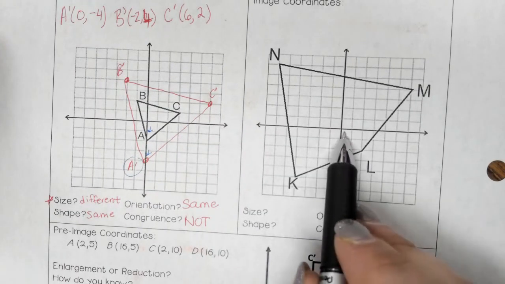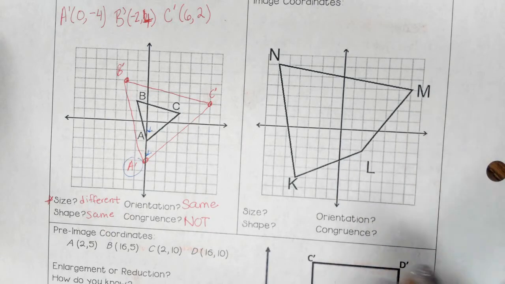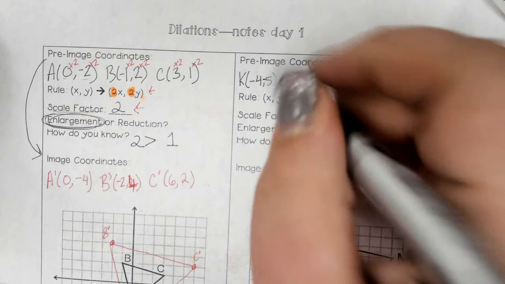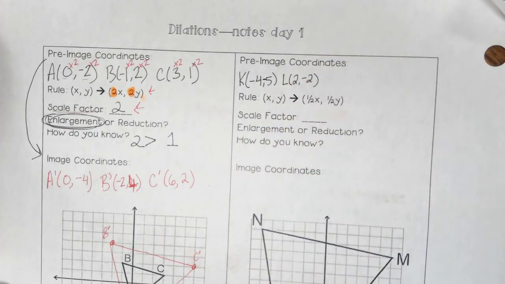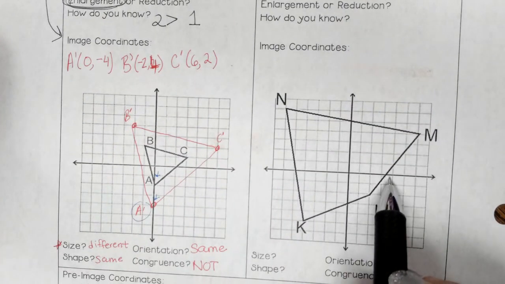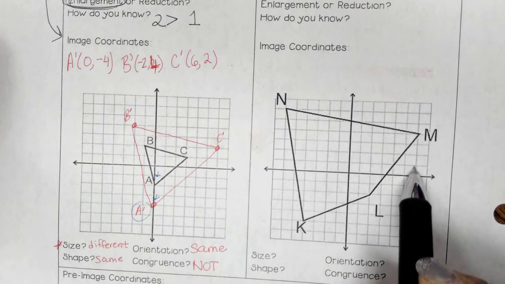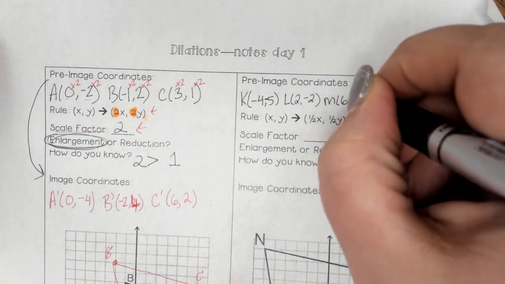L is at right 1, 2, down 1, 2. So L is at 2, negative 2. M is at 1, 2, 3, 4, 5, 6 to the right, 6 right, and 1, 2, 3, 4 up. So M is positive 6, positive 4.